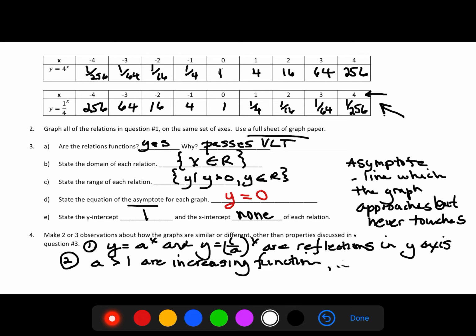And if we have a less than 1, or between 0 and 1, so if a is greater than 0 but less than 1, we have decreasing functions.